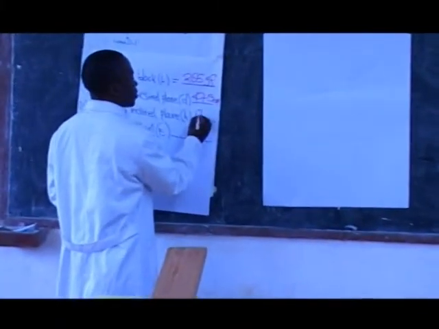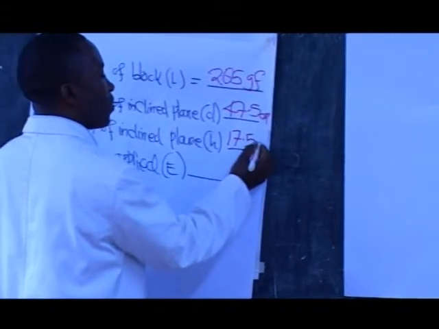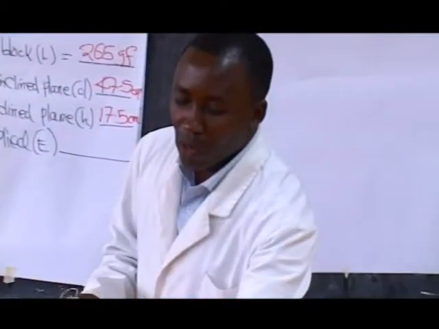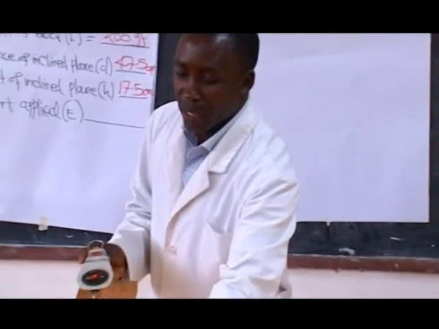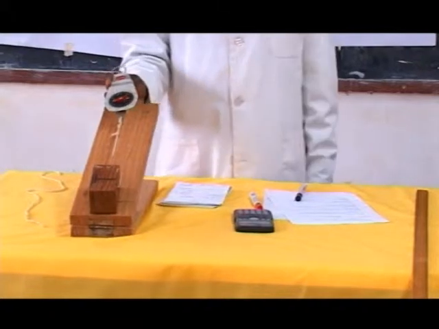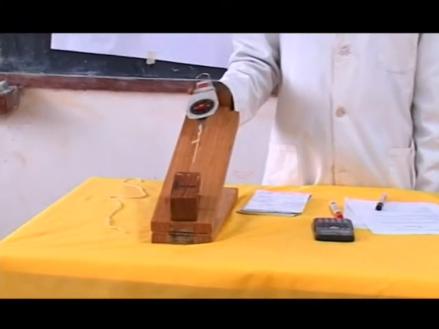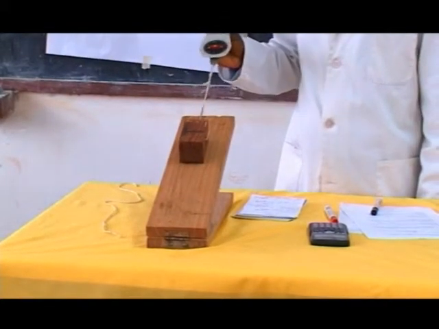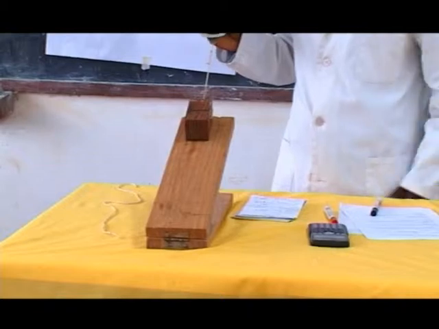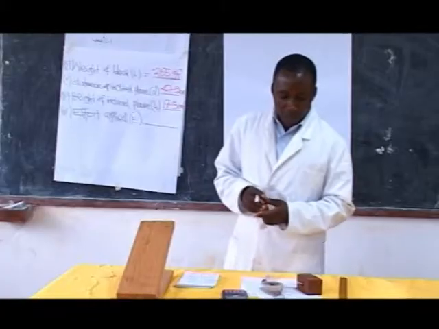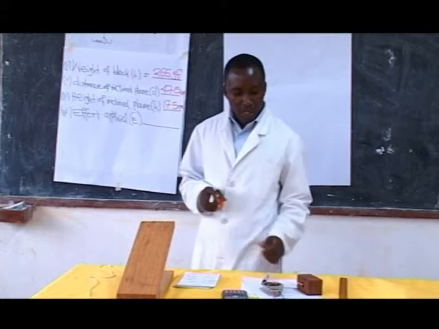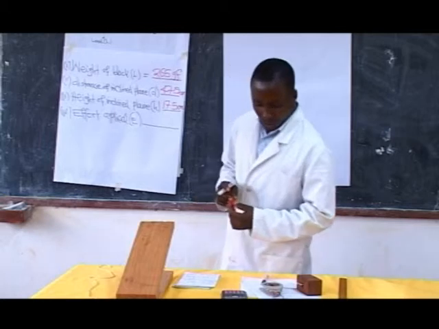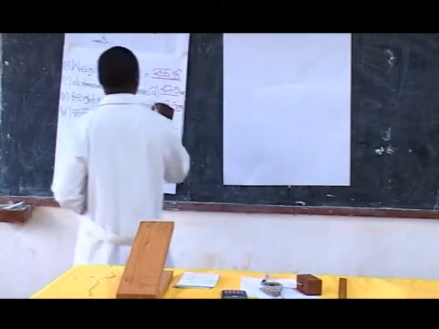This is 17.5 centimeters. Pull the block up the inclined plane using a spring balance and then record the effort applied. From the spring balance reading, the effort applied is 125 gram force.